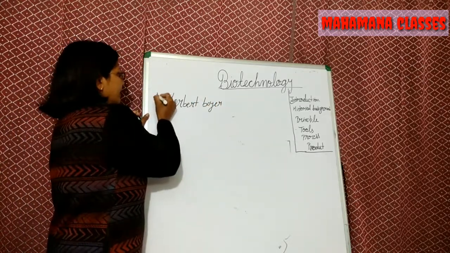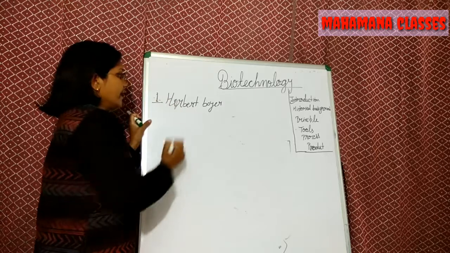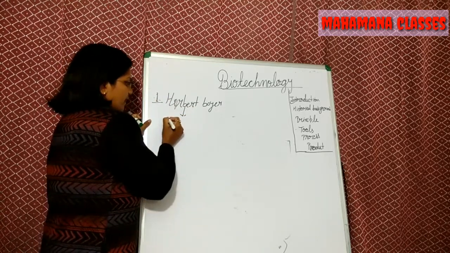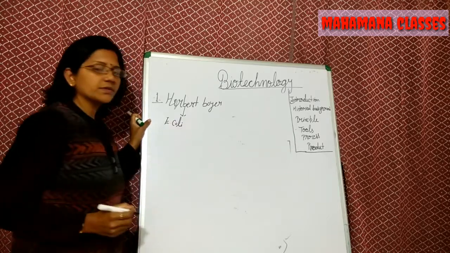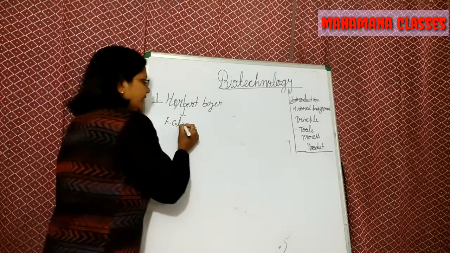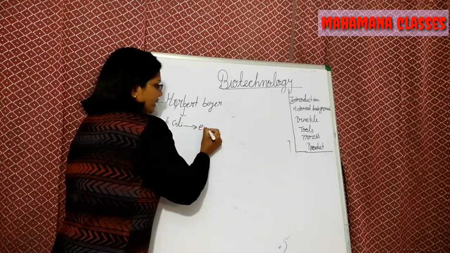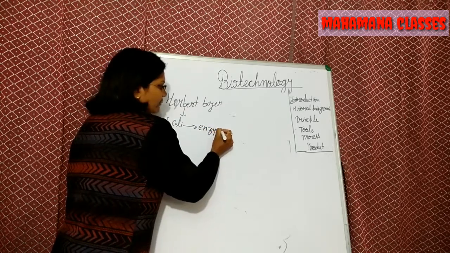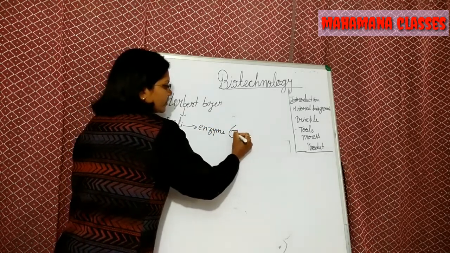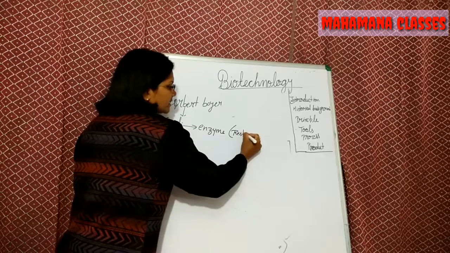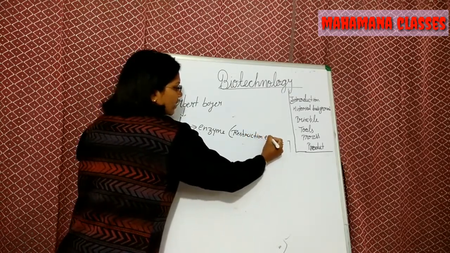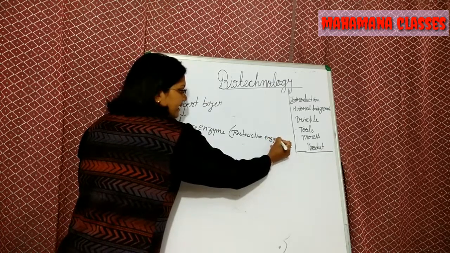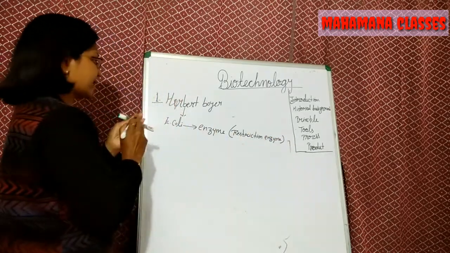What he did, actually, was observe E. coli having an enzyme. This enzyme was the restriction enzyme. What is this? Restriction enzyme.